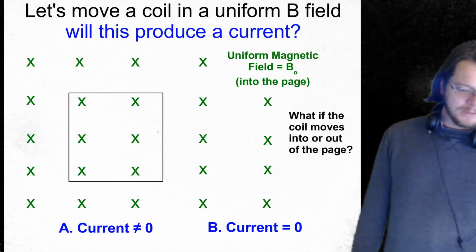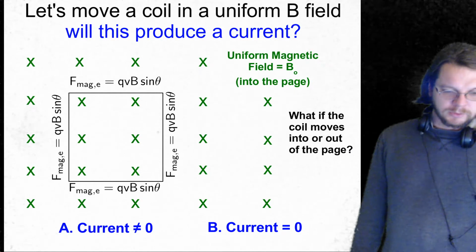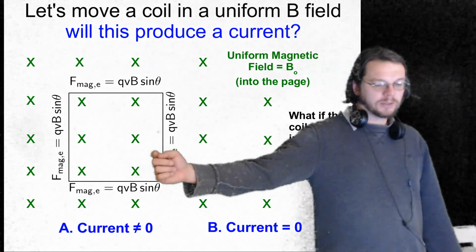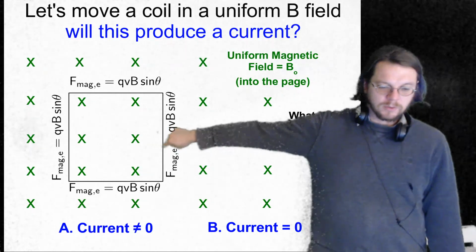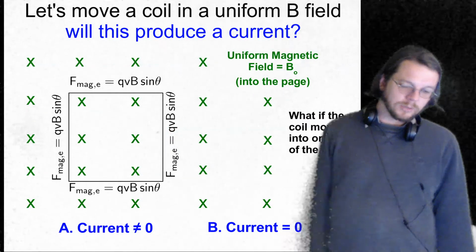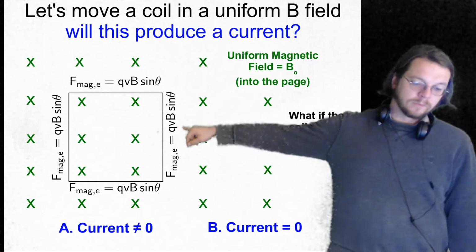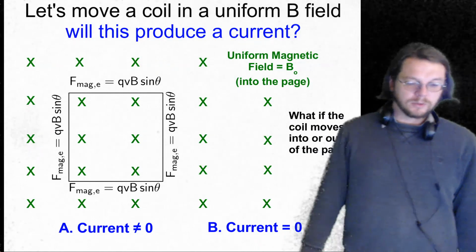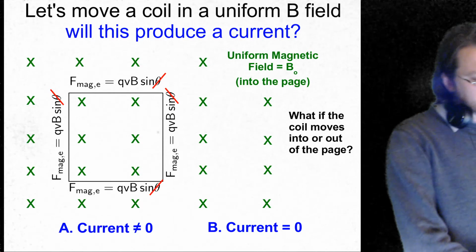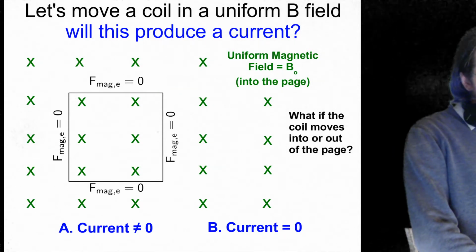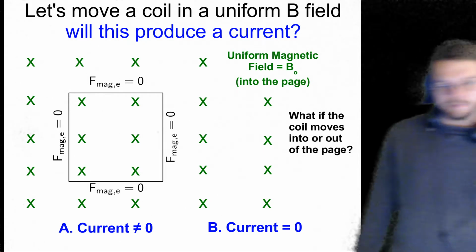Well, the answer is that your velocity, let's say you're going into the page, is in the same direction as the magnetic field, which means that for the magnetic force on your electron, the angle is zero, so sine of zero is zero, and so you should not get any kind of magnetic force on the electrons, which means you should not get any kind of current. And indeed, if you do this experiment, that's what you'll find.